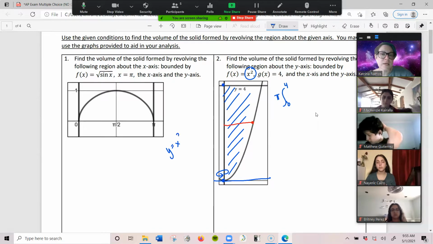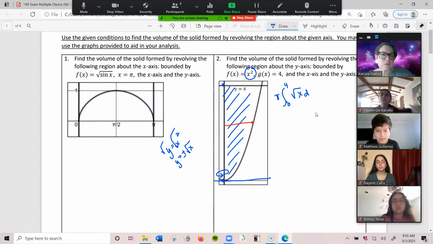So y equals x squared, square root both sides, and you get y is equal to plus or minus the square root of x. But this is the positive side, so I would use positive square root of x. Wait, sorry, what did I do here? Square root of y. There we go. dy.